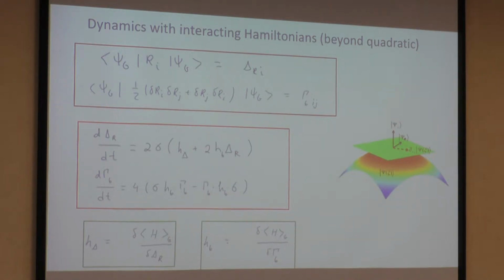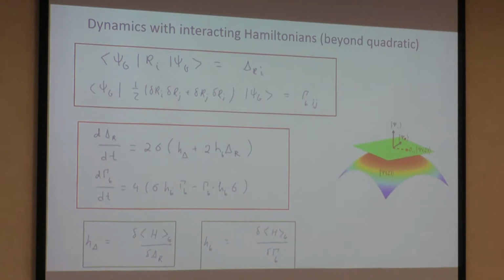So if we have a more complicated interacting Hamiltonian, they actually look very similar to what we find for quadratic Hamiltonians. We still have the same evolution of the coherent part and of the squeezed part. But now the coefficients are no longer coefficients of a fixed quadratic Hamiltonian.